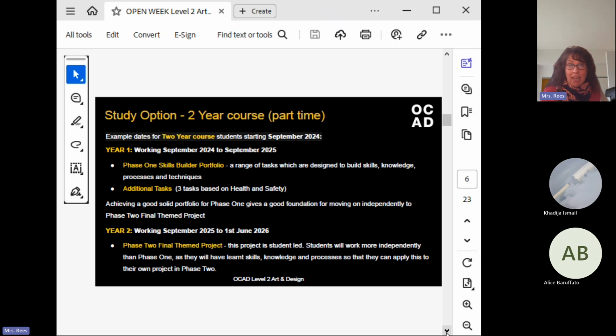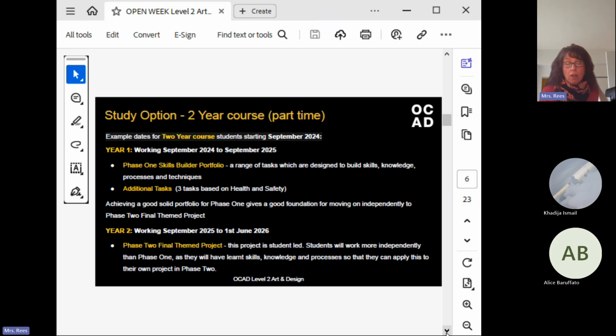And in that year, they would be working on their phase 1 skills builder portfolio. And this is a range of tasks which we get you to work through. So they are designed to build your skills, your knowledge, your processes, your techniques, your range of media, all of the things that the examiner is looking for.